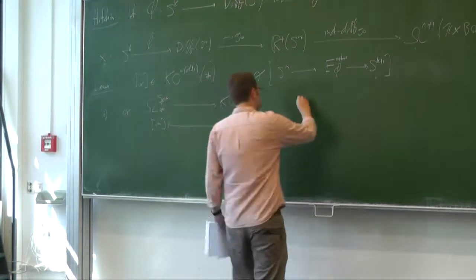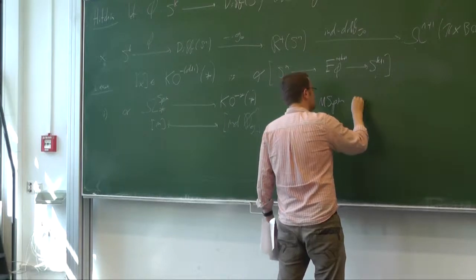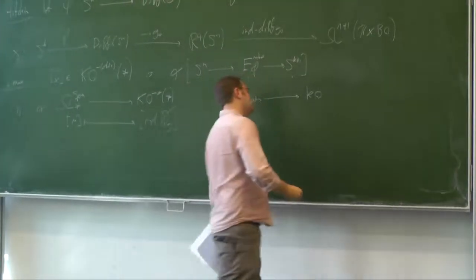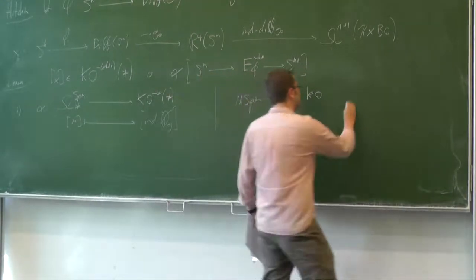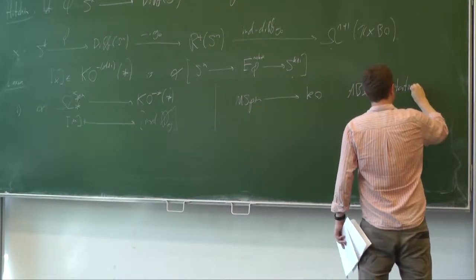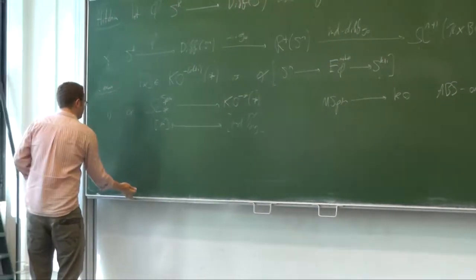If you're more homotopy theory flavored, it's also the map you get on homotopy groups by the Atiyah-Bott-Shapiro orientation of spin cobordism. So that's what that is.